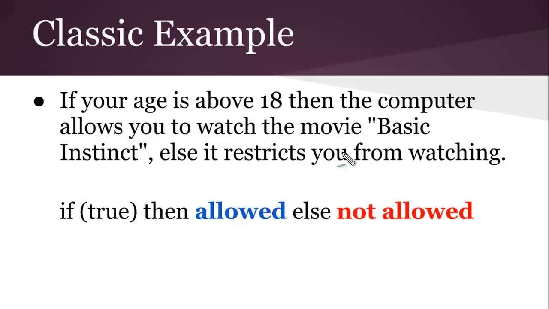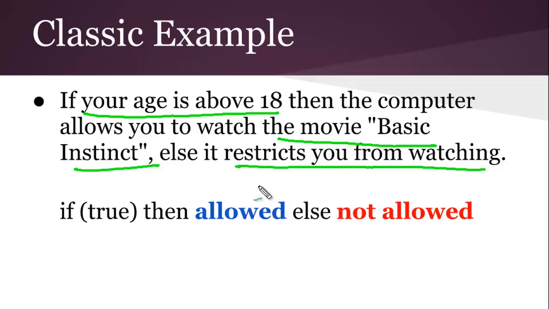So this is one example that was taken by my teacher when she was teaching me the same if else. There is a computer program, and if your age is above 18, then it allows you to watch the movie Basic Instinct, otherwise not. So if you are above 18, that means you are an adult and you can watch an adult movie, otherwise it restricts you from watching.